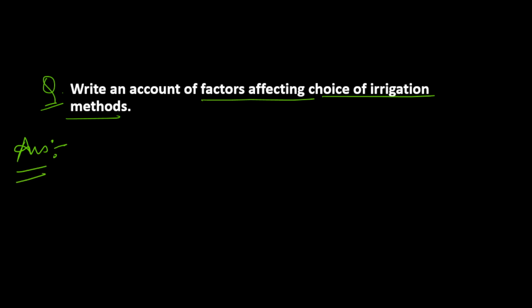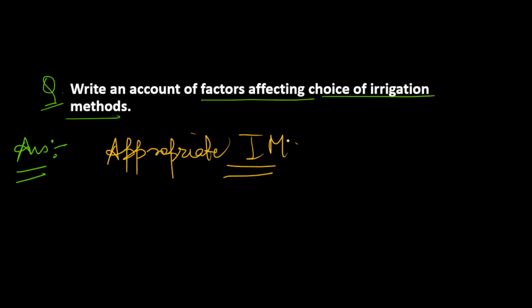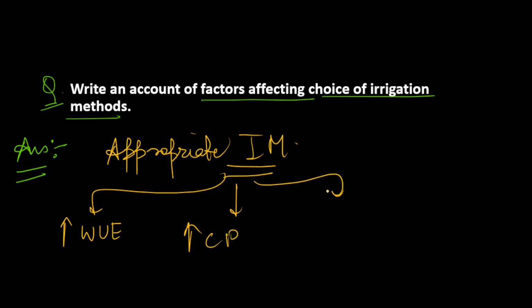First of all, in the introduction part, obviously we can mention why we need to choose a proper irrigation method, because an appropriate irrigation method is crucial for optimizing water use efficiency. It will enhance our water use efficiency, enhance crop productivity, and maintain soil health.